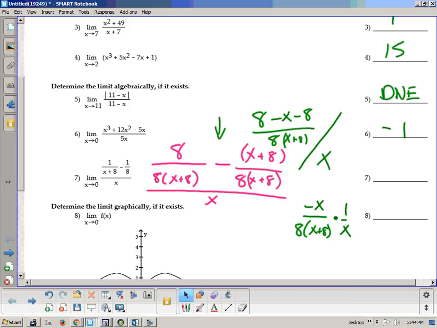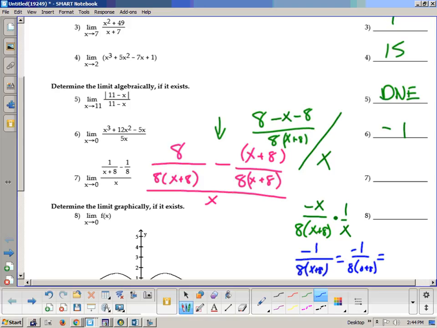That's going to cancel, and we're going to be left with negative 1 over 8x plus 8. And then when we sub in the 0, we're going to get negative 1 over 8 times 0 plus 8. So that looks like it's negative 1 over 64.